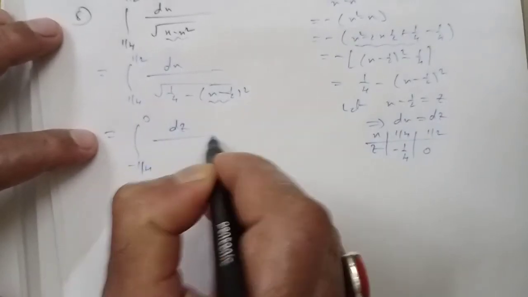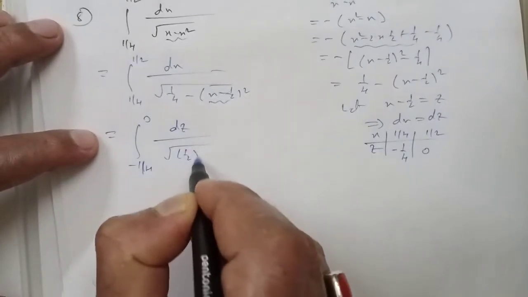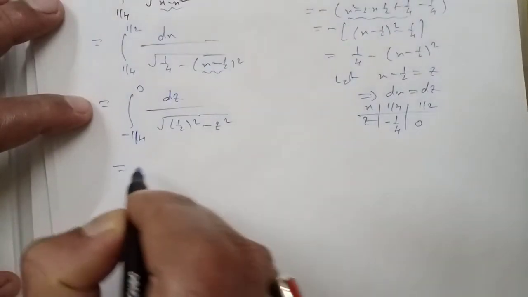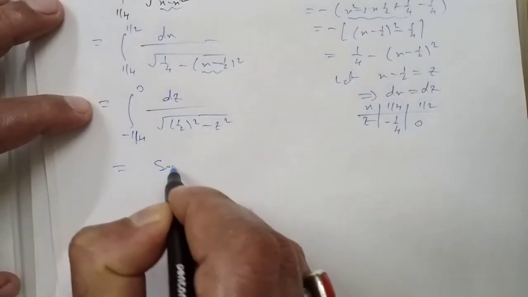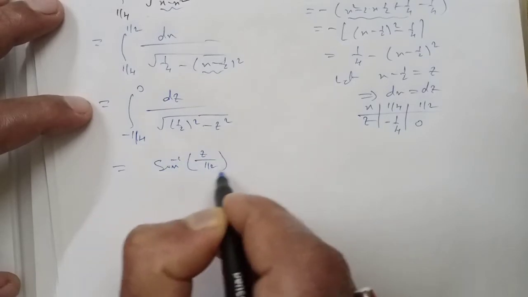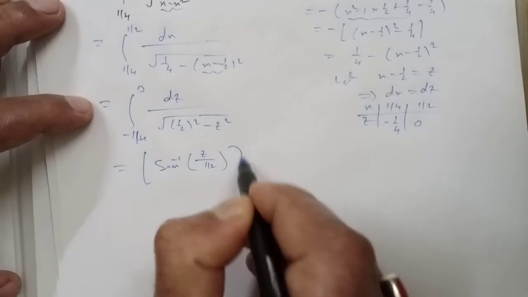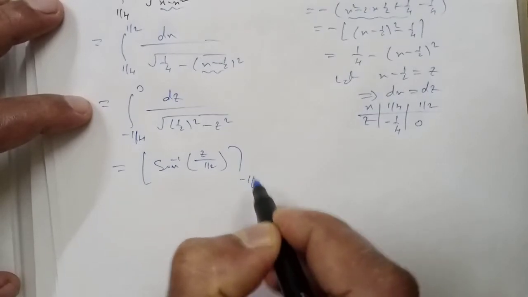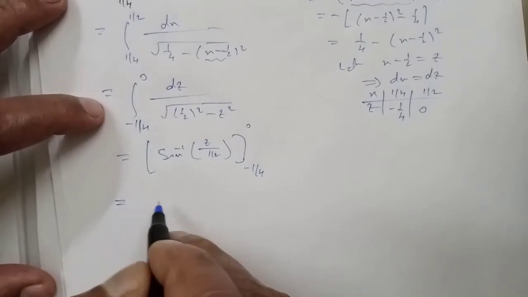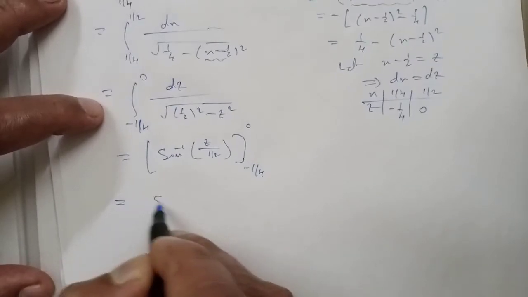This is dz under root half whole square minus z square. Same formula. So we get sin inverse of z by half, that is 2z actually. Limits minus 1 by 4 to 0. So first put 0 here, so sin inverse of 0.